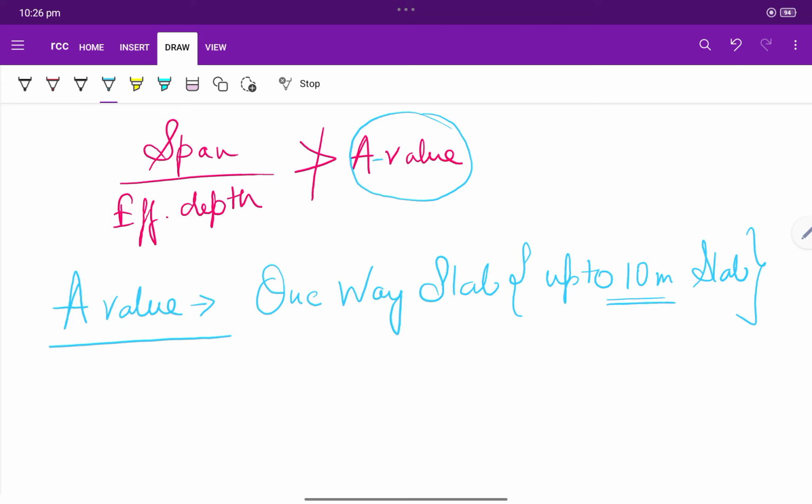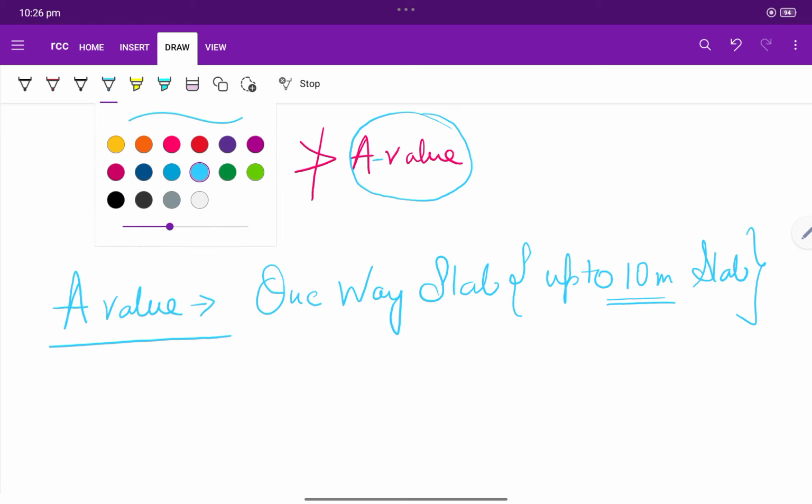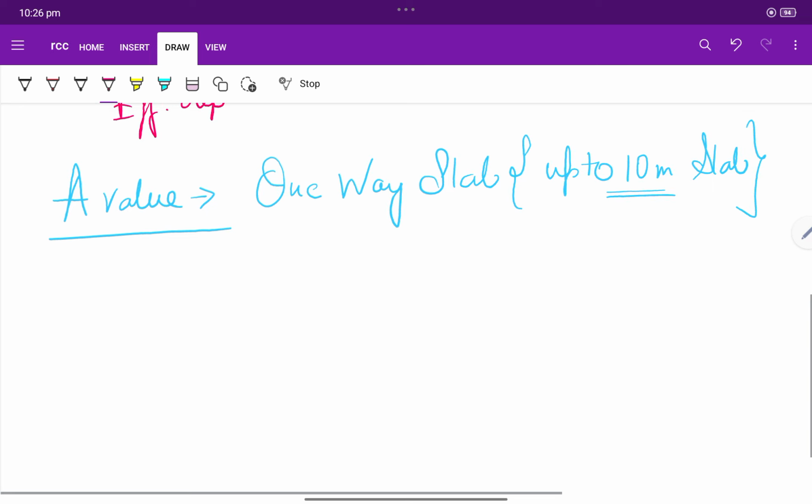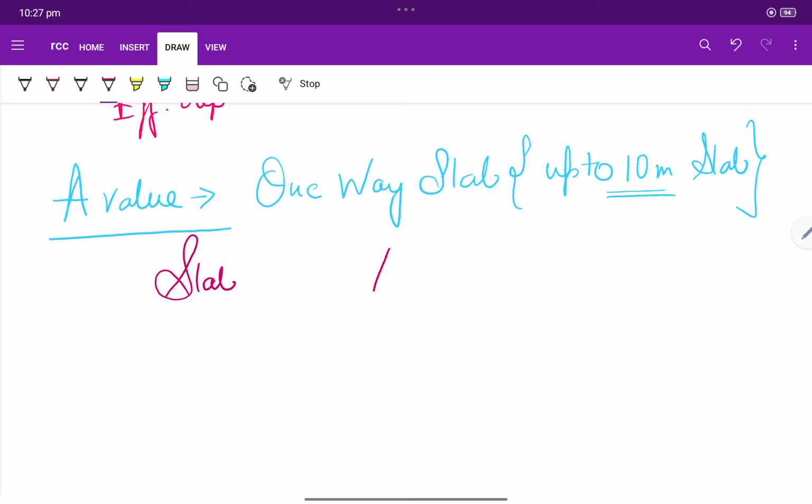Up to 10 meter means if there are two spans of a slab, it is the shorter span that counts. Then, on one side we will write the slab type and on the other side the a value.